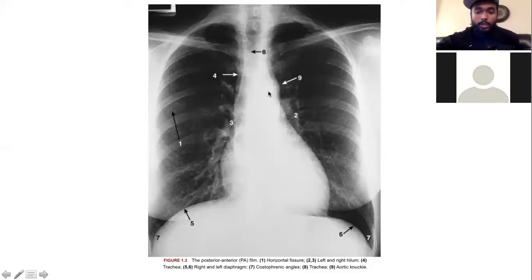Sometimes if you play with the contrast, you can see it. Maybe on the next X-ray or another chest X-ray, but I think it's bifurcating here. So the aortic arch is right above the tracheobronchial angle. Anyways, it's really hard to see on this one.